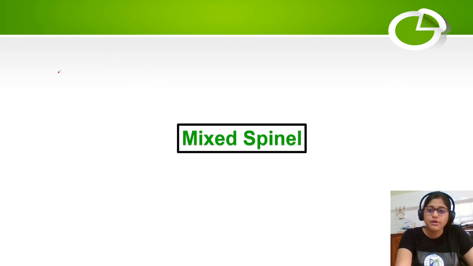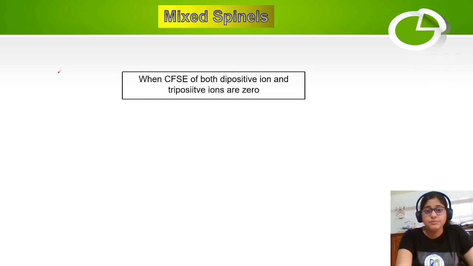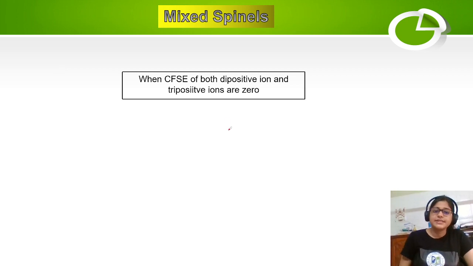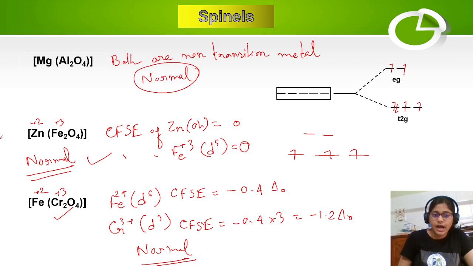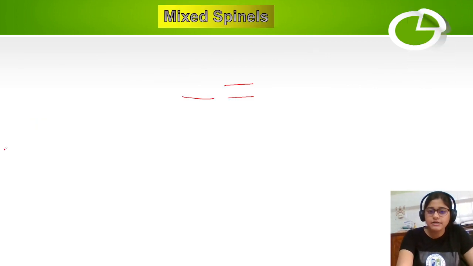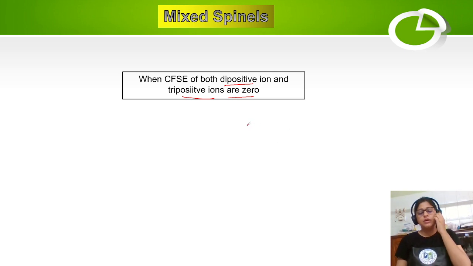Fine. Now coming to mixed spinel. Okay, what is a mixed spinel? So mixed spinel is when the CFSE of both dipositive ion and tripositive ion are 0, which we talked about previously. For this case, I was saying that generally it will show normal spinel, but there are some cases where mixed spinel can also be seen.